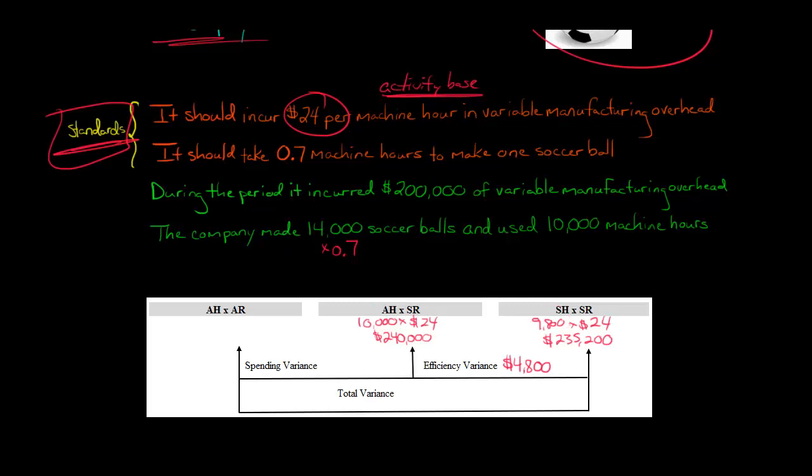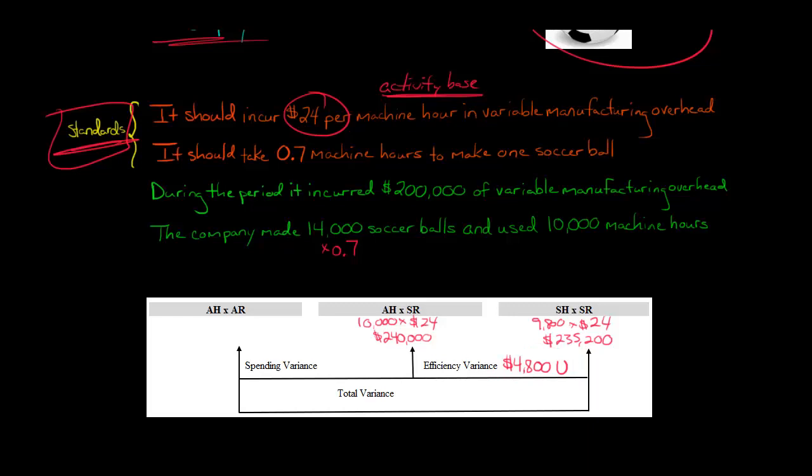So it took us an extra 200 machine hours to make these soccer balls. Is that a good thing or not? Well, that's a bad thing, right? So we'll call that an unfavorable variance. I'll put a little U here. So we have a $4,800 unfavorable variable overhead efficiency variance.